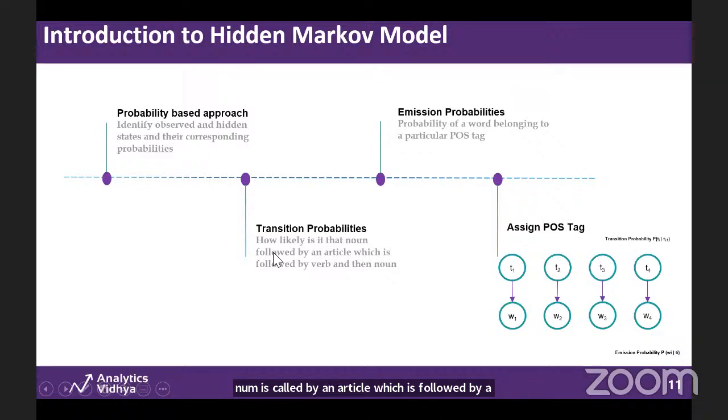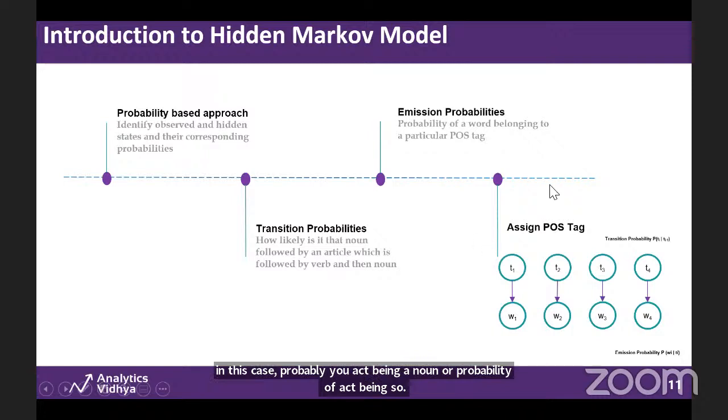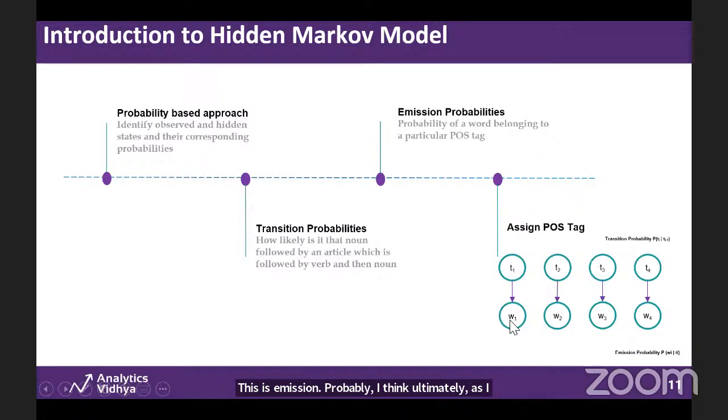This will be quite clear when we move to use case 1. And emission probability basically tells us the probability of a word belonging to a particular POS tag. So in this case, the probability of act being a noun or the probability of act being a verb. This is emission probability. Ultimately, given the word, what is the POS tag, based on the transition and the emission probability, is what we are trying to do through the hidden Markov model.